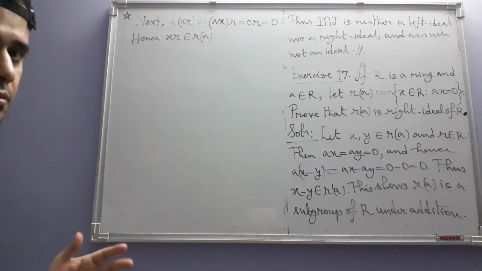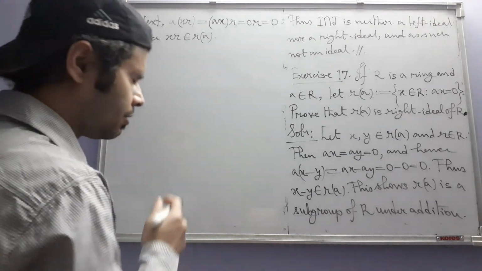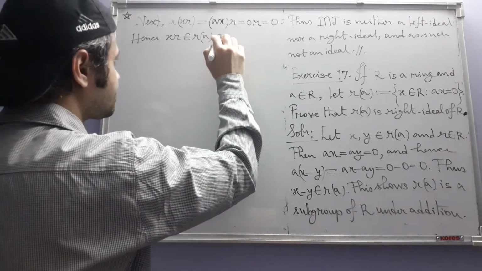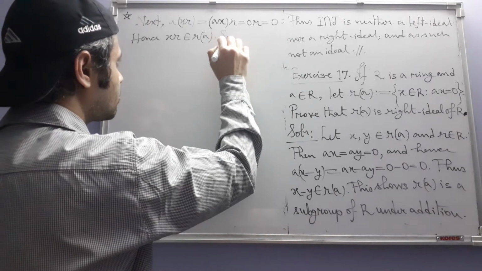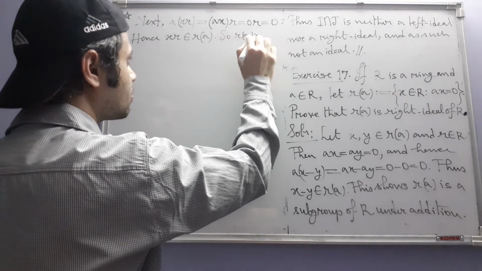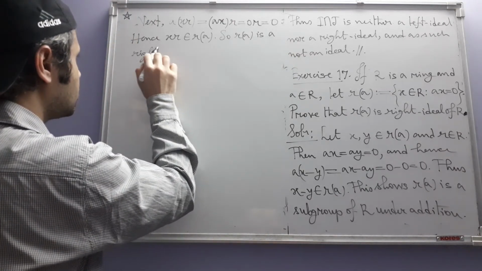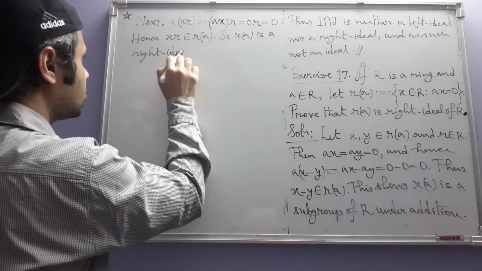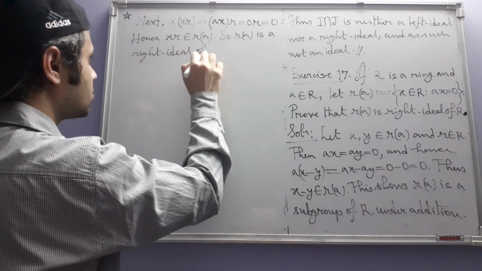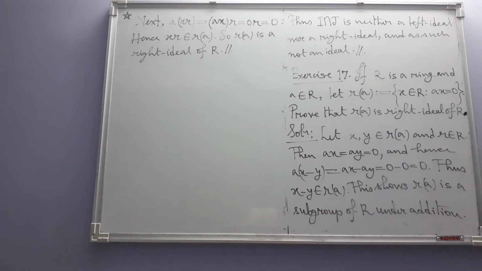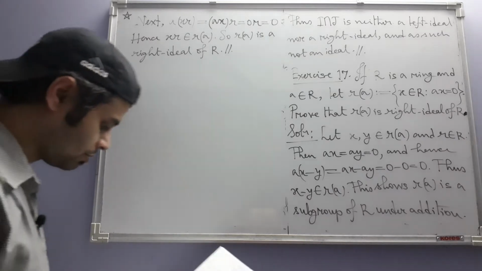So RA is an ideal, not ideal, a right ideal. So RA is a right ideal of R. Okay, so that completes the solution. After that, there is one more.